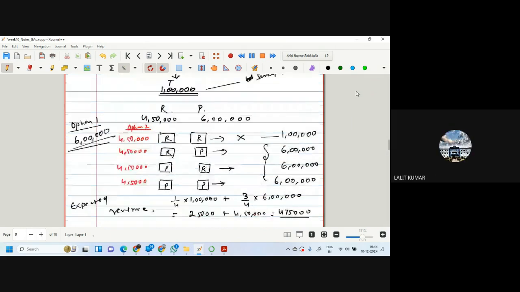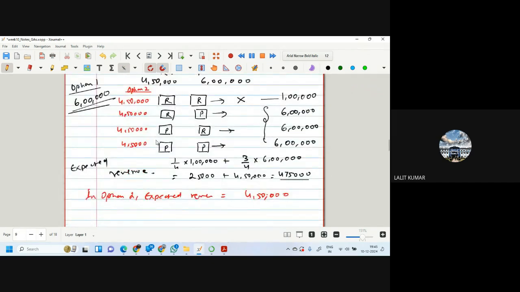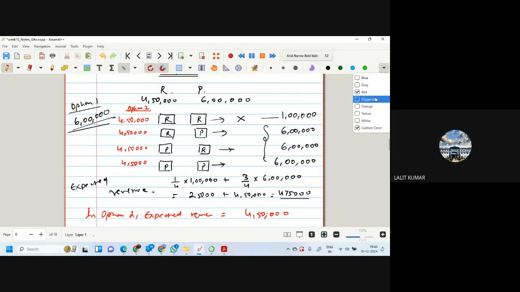Okay. Now there is a third option also. She says run a sealed bid auction and sell the tractor to the high bidder at the second highest bid. If there is a tie, choose one. Okay, that's okay. So now we come to option three.